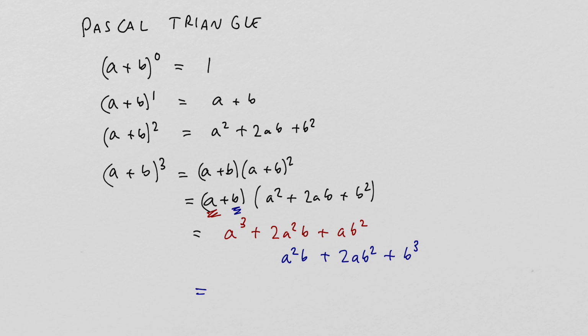If we simplify this expression, we would get in total a to power 3 plus 3a squared b plus 3ab squared plus b to power 3.